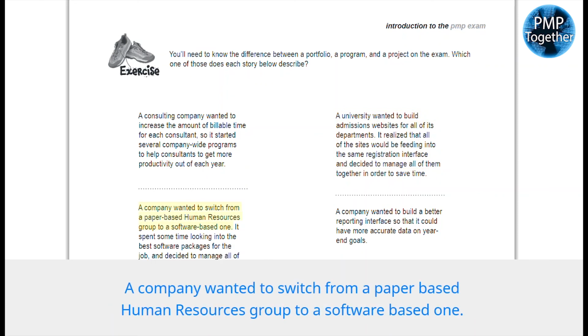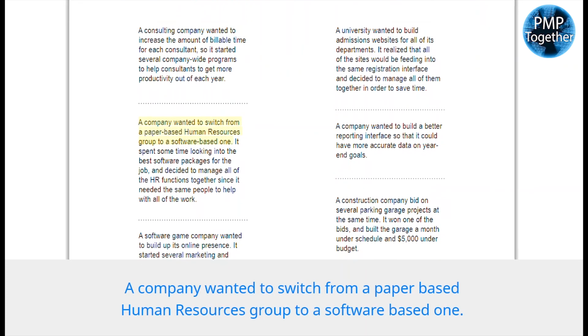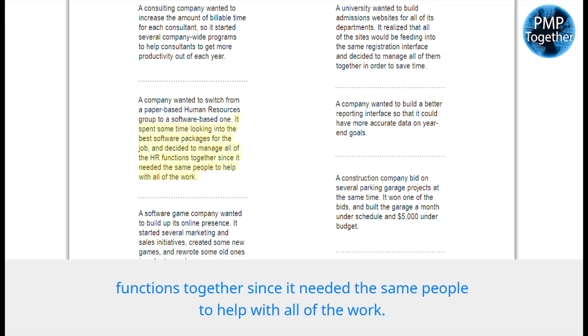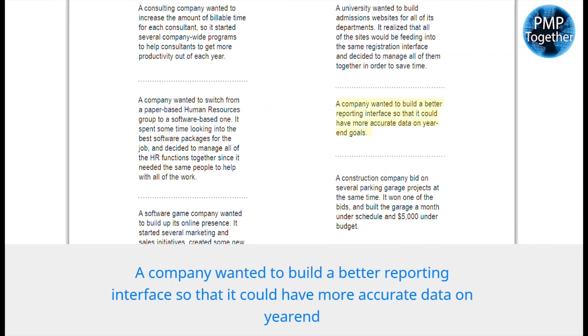A company wanted to switch from a paper-based human resources group to a software-based one. It spent some time looking into the best software packages for the job, and decided to manage all of the HR functions together since it needed the same people to help with all of the work. A company wanted to build a better reporting interface so that it could have more accurate data on year-end goals.